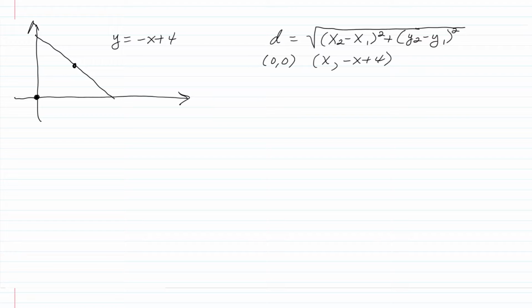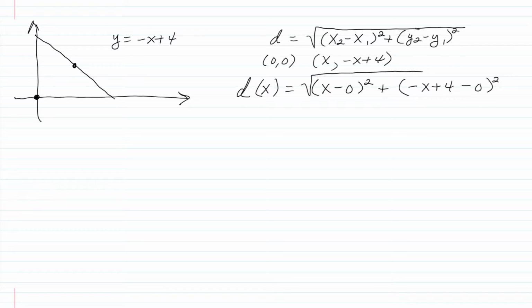Negative x plus 4. So we're going to do the distance formula involving these 2 points. So we're going to say that our distance formula as a function of x, because we only have one variable here, is going to equal the square root of x minus 0 squared plus negative x plus 4 minus 0 squared.